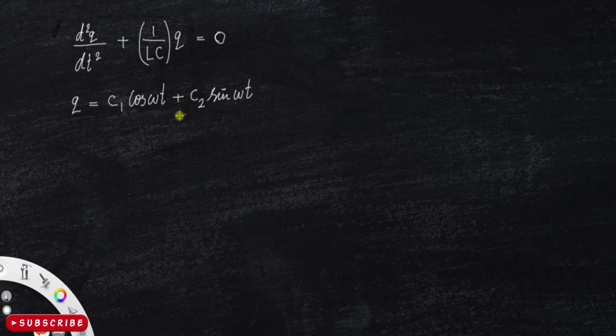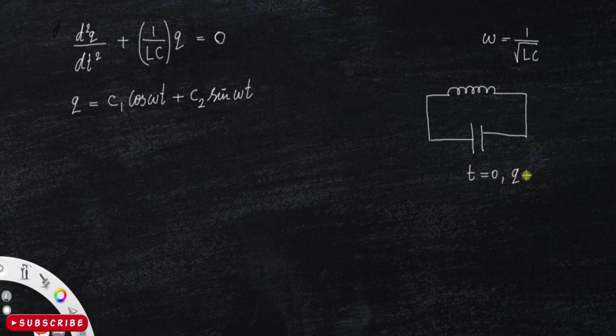Now we need to find the values of constants c1 and c2. Also we have omega is actually 1 by root of LC. Now we know during the initial stage, that is at t equal to 0, the charge in the capacitor is actually maximum.